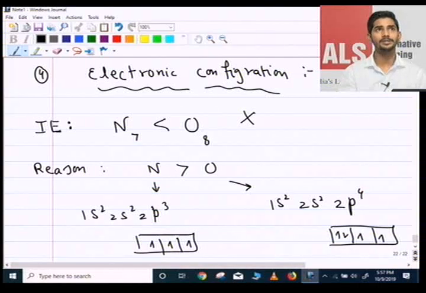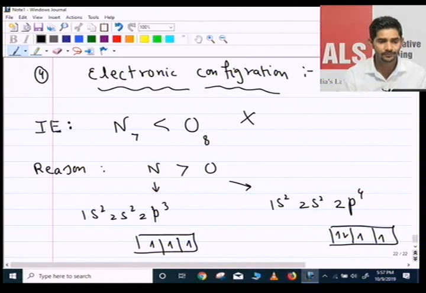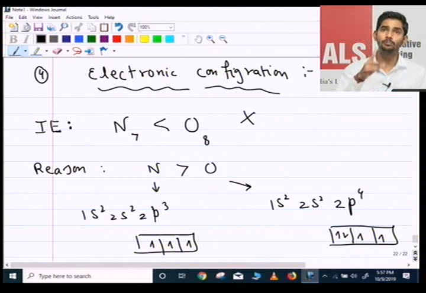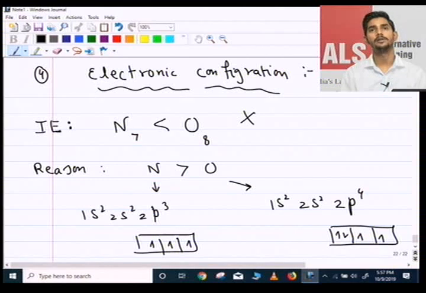In case of oxygen, it is partially filled, which is not exactly half filled. That's why nitrogen is relatively much more stable, as the nuclear force on the outermost electrons will be very high as compared to oxygen. Okay, that's why nitrogen will have the higher ionization energy due to the extra stable half filled configuration.